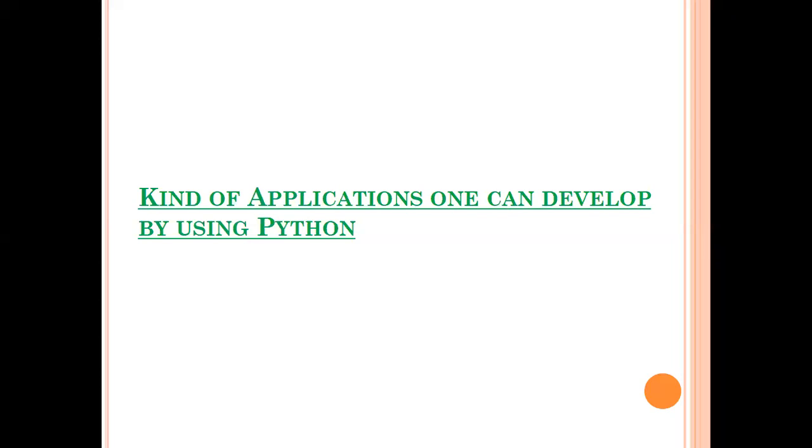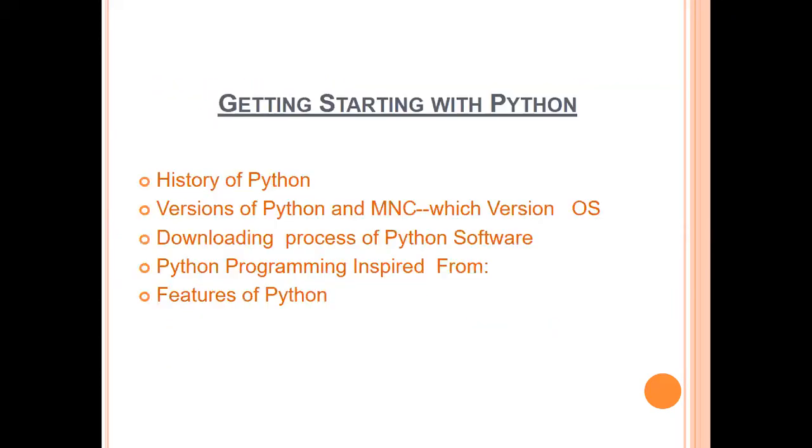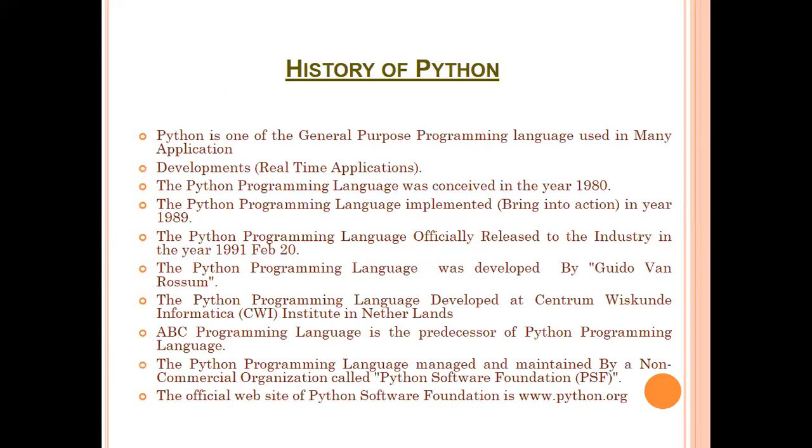We discussed the history of Python, that it was conceived in 1980 and implemented in 1989, and officially released to the industry in 1991, February 20.